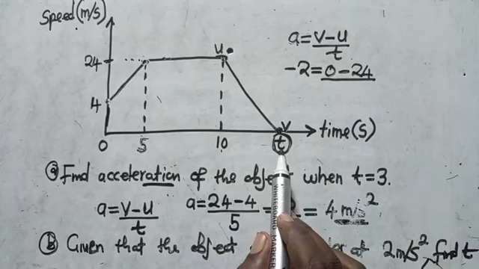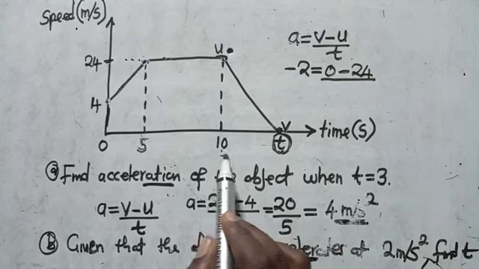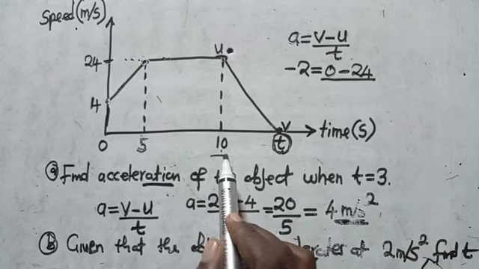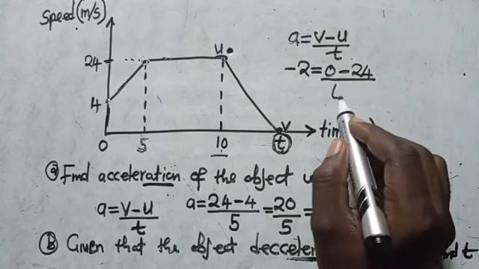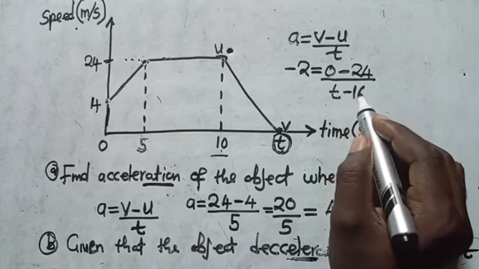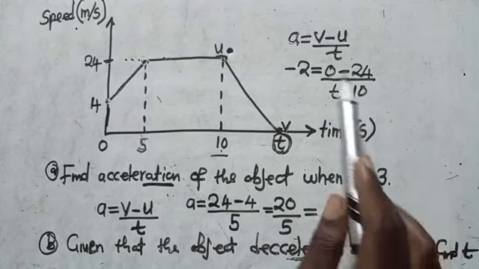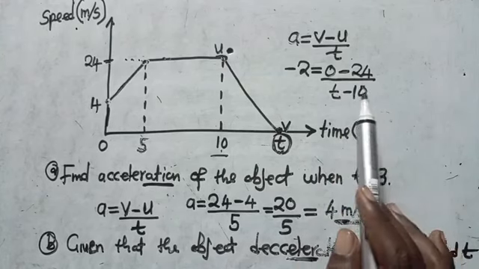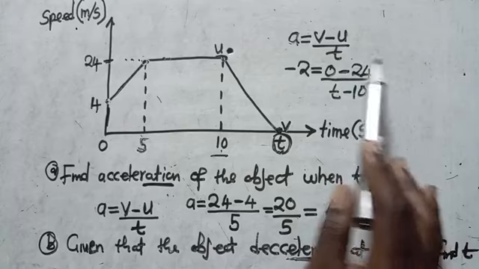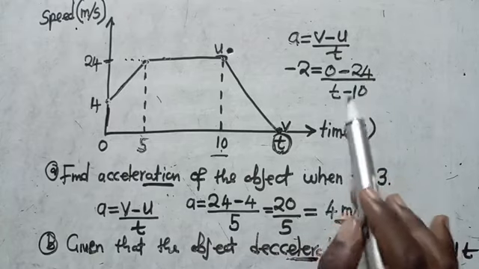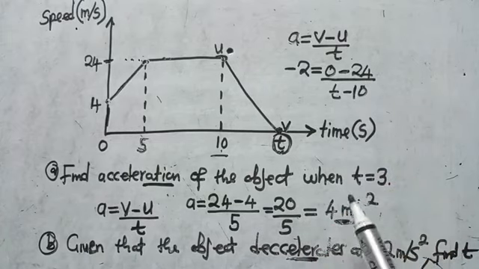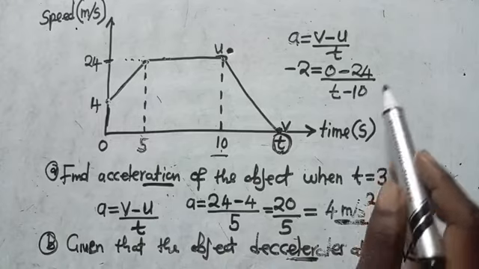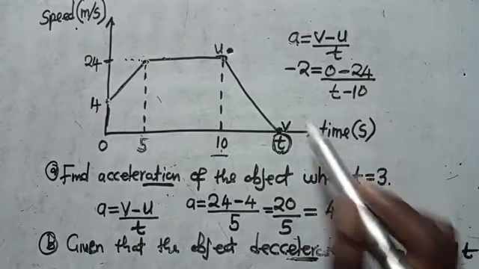Since I don't know t, I'm just going to say t minus 10, because I cannot put the time that is there. What we've come up with is an equation, and what we need to do is get this particular equation and solve it.